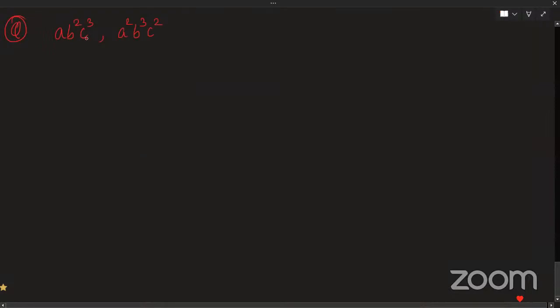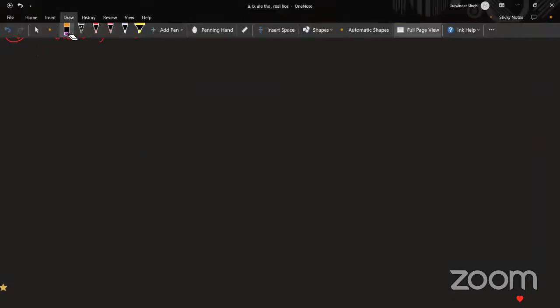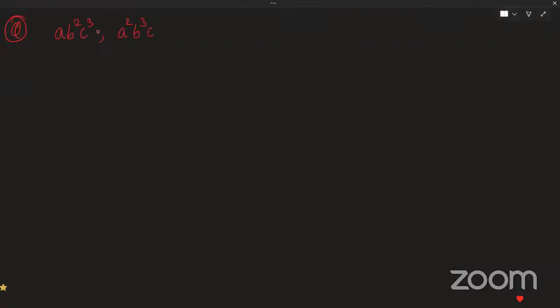Okay. So it is telling me that AB square C cube, A square B cube C square, oh sorry, just a minute. A B square C cube, A square B cube and C raised to 4, A cube B raised to 4, C raised to 5 are in AP.